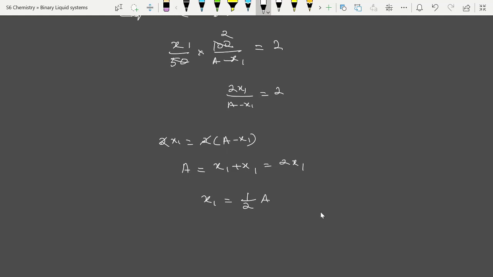That is, half of A has been extracted when you have used 50 ml of ether. So thus 50% of substance is extracted.